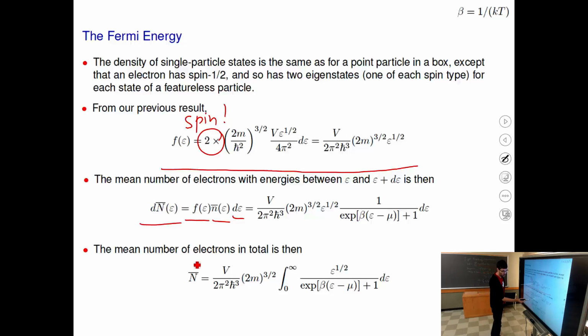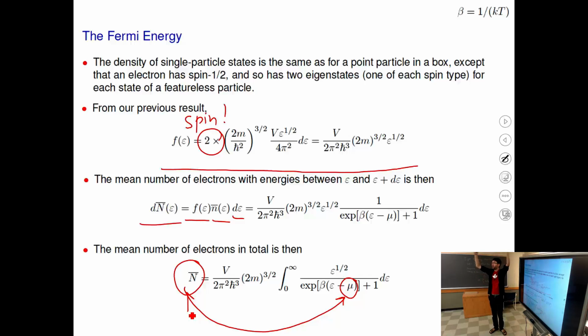Then the total number of particles will be given by the integral of dn from 0 to infinity. Since we know the total number of particles, for example, we know the number of atoms, and each atom contributes 1 electron, we can figure out from this integral what this mu should be to match these two up. To get the right n, where should we put the mu?